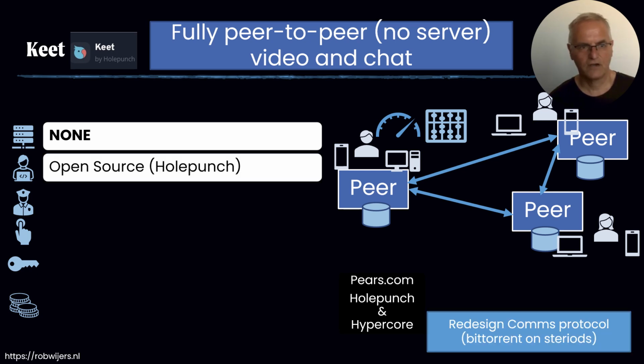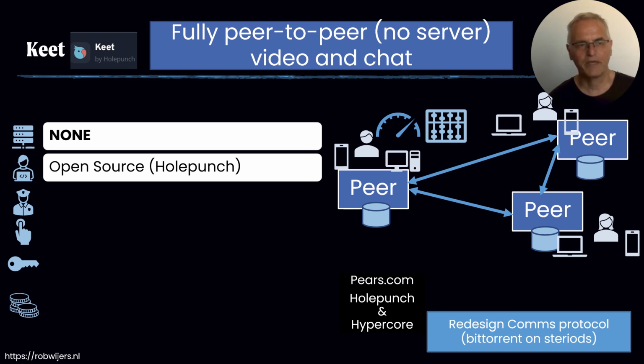It is open source. The Hole Punch protocol, I called it BitTorrent on steroids. People might know BitTorrent, where you can exchange files. You can do the same now, but then with video. You just bypass the firewall, a new technology to make sure that everybody can connect to everybody.